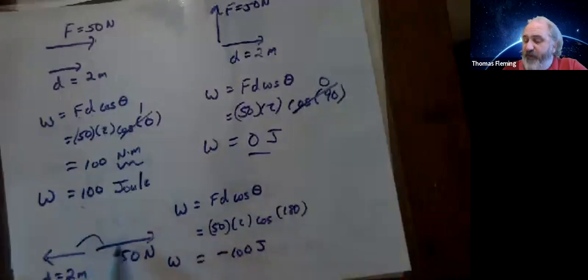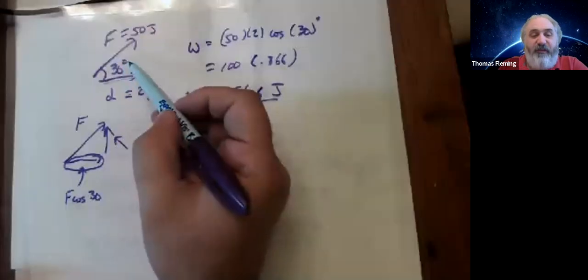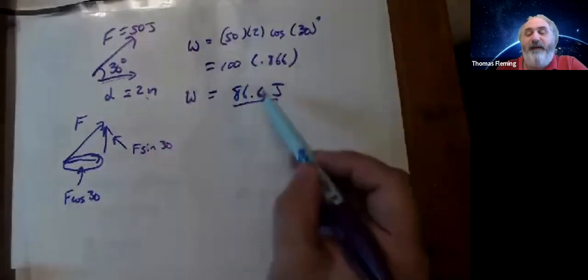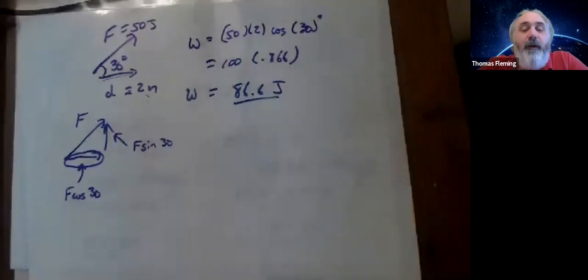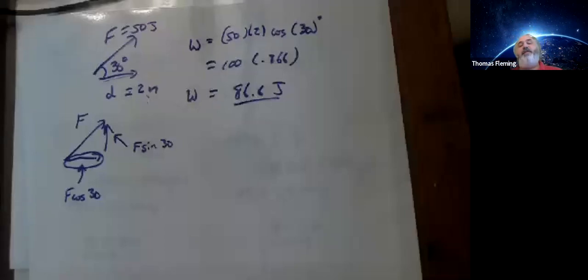When it was exactly the opposite direction, we got straight up multiplication, but negative. And when they were partially in the same direction, we got a partial amount. We got less total work done when they were partially in the same direction. And so that's kind of the concept of work and how that's going to play out.